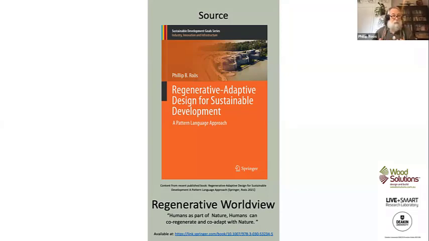We can co-regenerate and co-adapt with nature, but we're not above nature. But it's a very complex statement, if I can say that, but how can we bring this into the context of future development and us looking after the earth too? It is available at that link from Springer, so if you want a bit more of the detail, some of the content of the book will be discussed today on a high level.